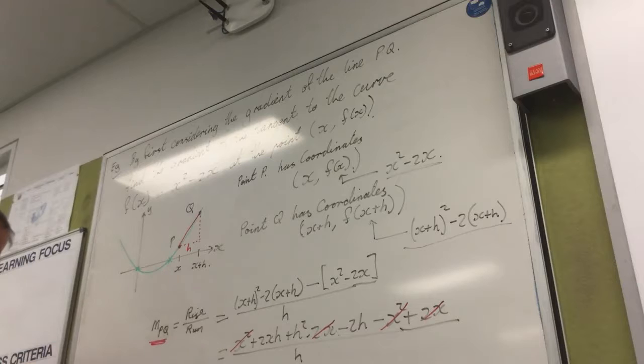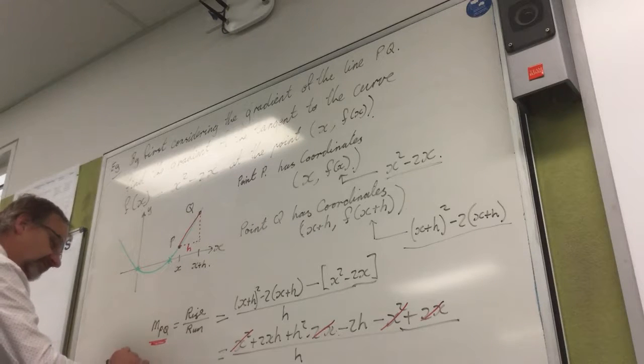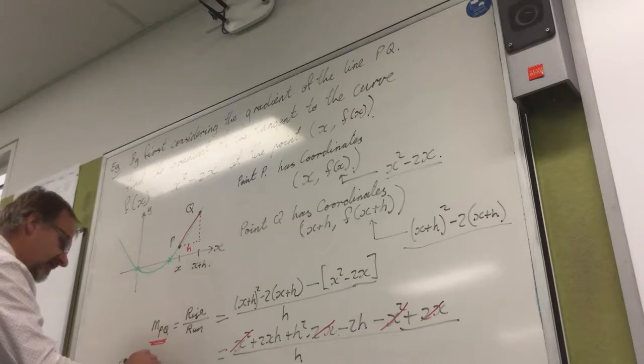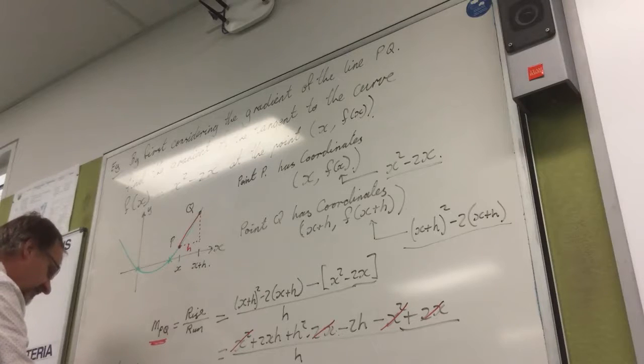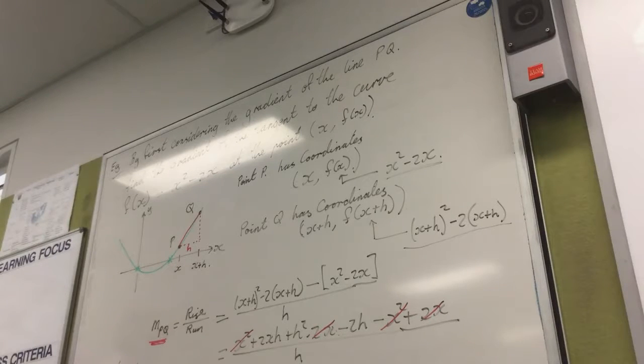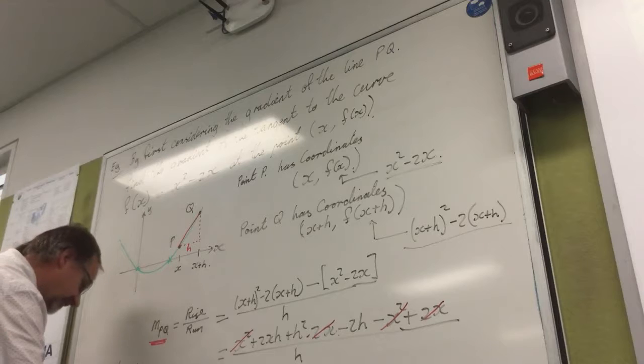So the gradient of the tangent at P is the limit as h tends towards 0 of h plus 2x minus 2, which is simply 2x minus 2.